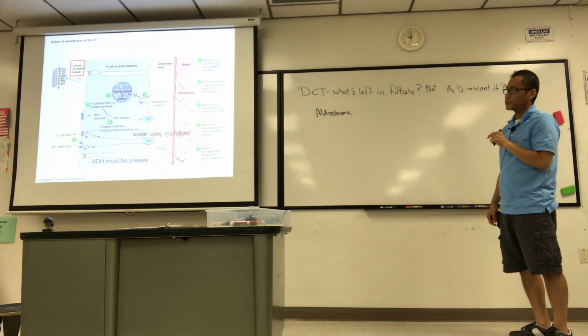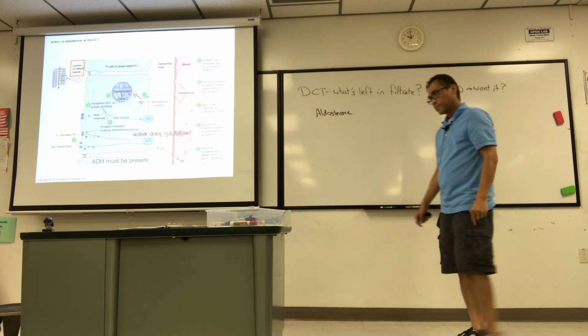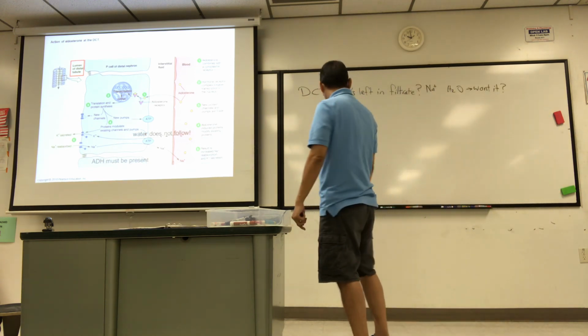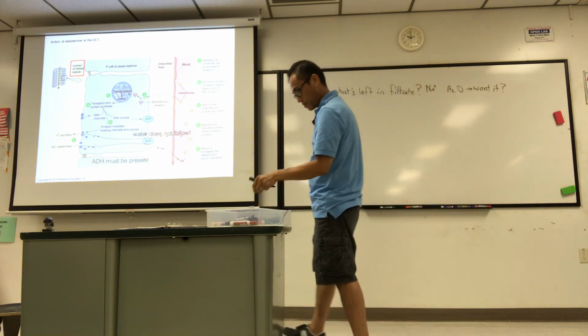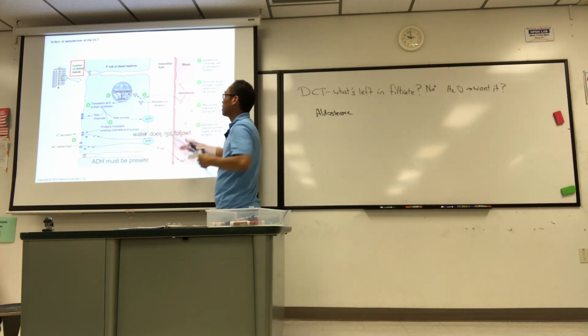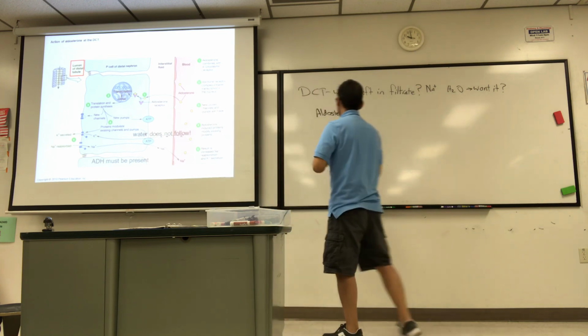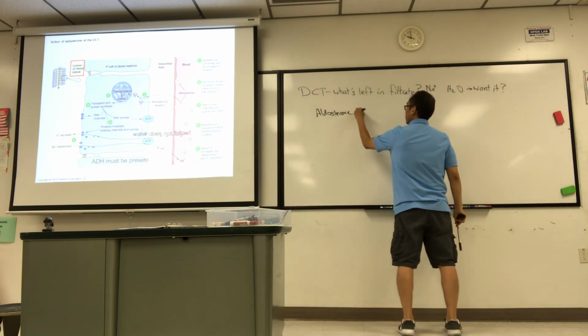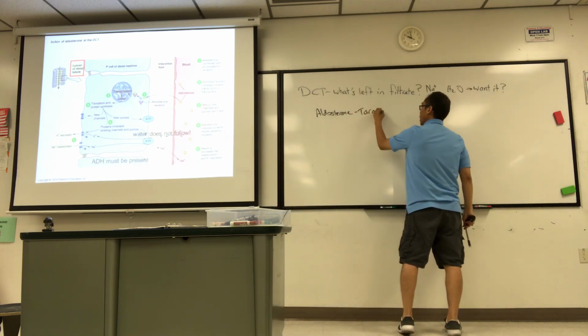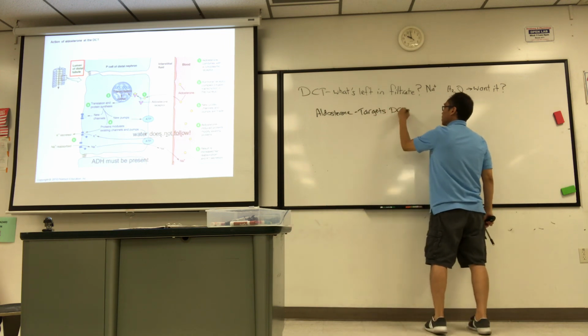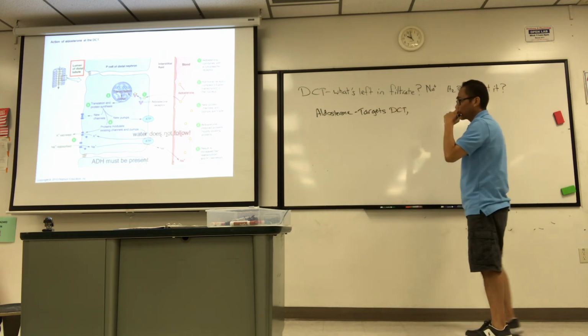Aldosterone, it targets the kidney. Now we know it targets the DCT. Well, I'll point to where the figure says that. The distal tubule. Targets DCT, facilitates sodium reabsorption.